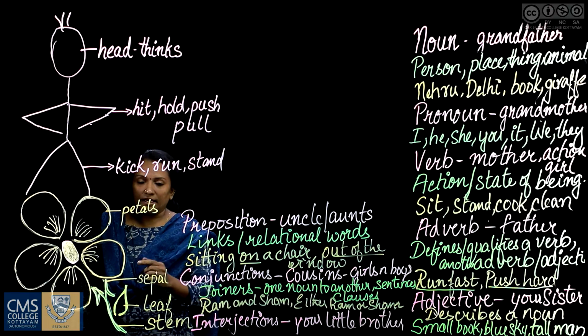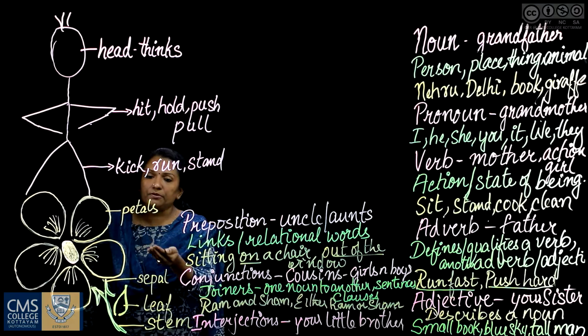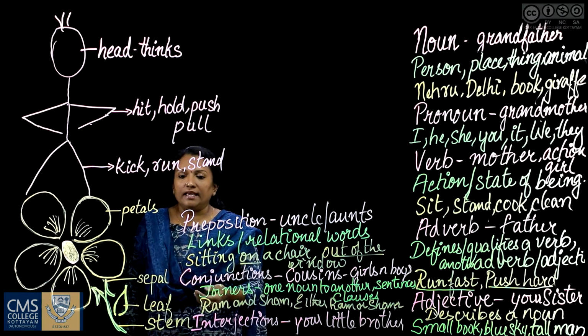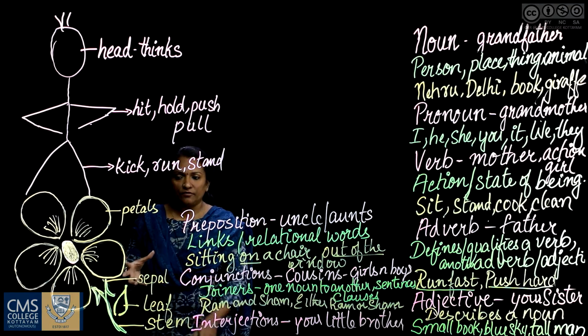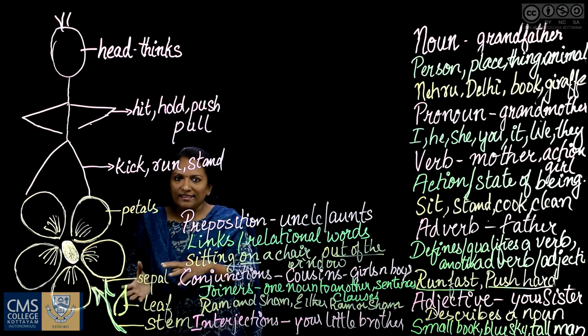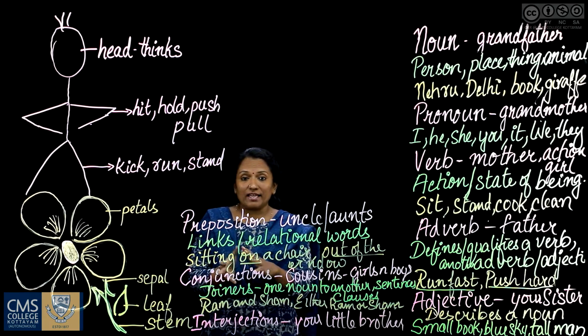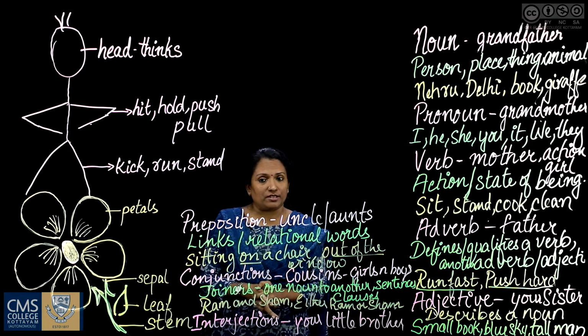And the stem, again, carries nutrients from the ground up to the plant and helps elongate the life of the plant. So each part of the flower has a particular function. And in the same way, I feel we can equate this with the function of the different parts of speech.